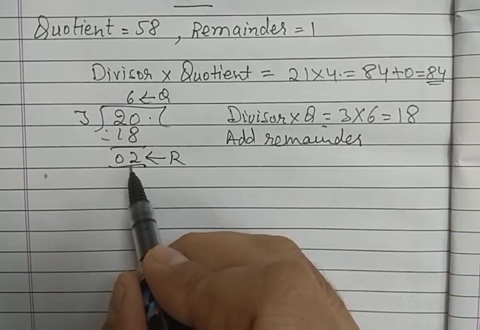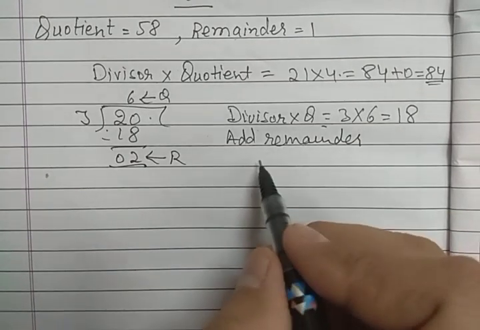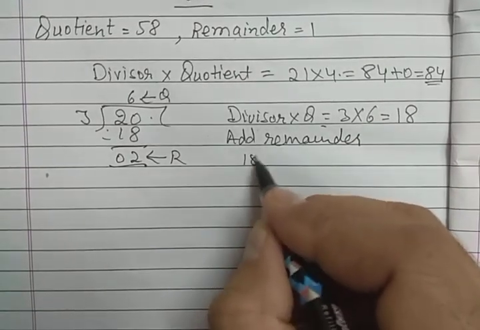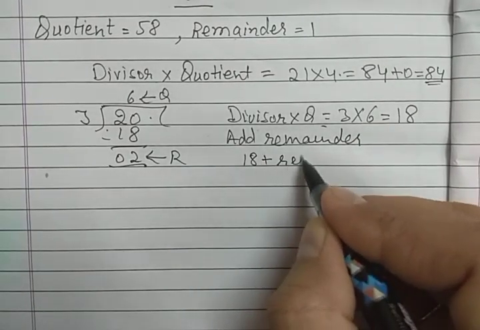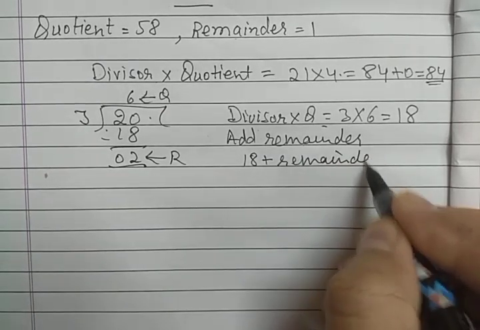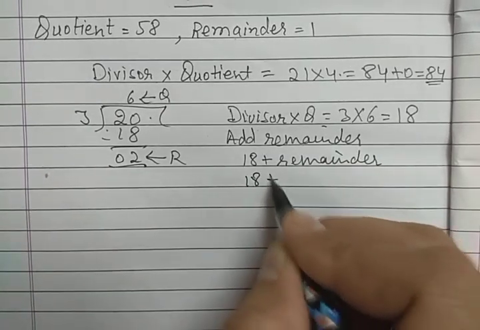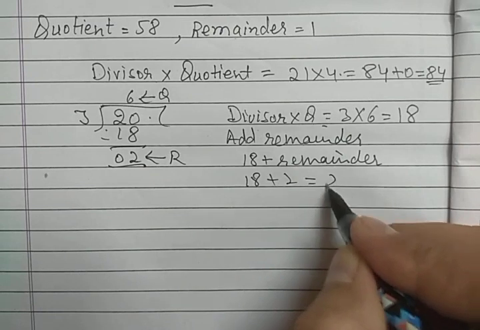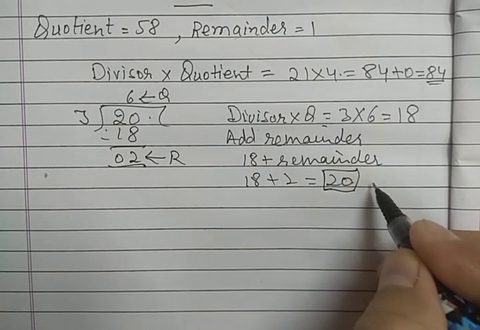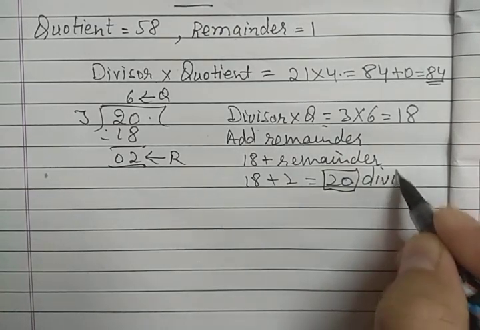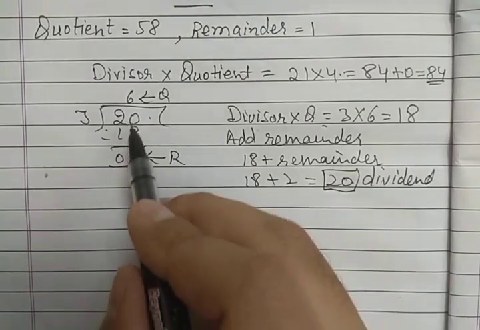What is the remainder here? 2. We will add 18 and remainder. So 18 plus 2, what is the answer? 20. So here it is the dividend. You can see here 20.